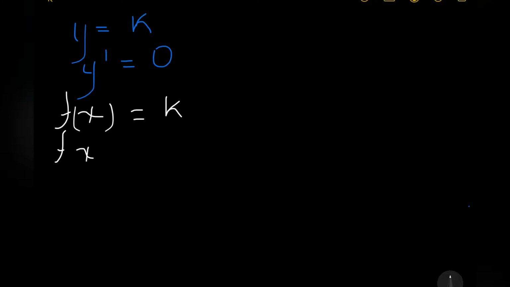Our first step is to identify our function. So our function f of x is equal to k. Our second step is to add a small change to x. At this stage, if we look in our function, we have a k. We don't have an x inside that function, so we can't add a small change of x to the function.